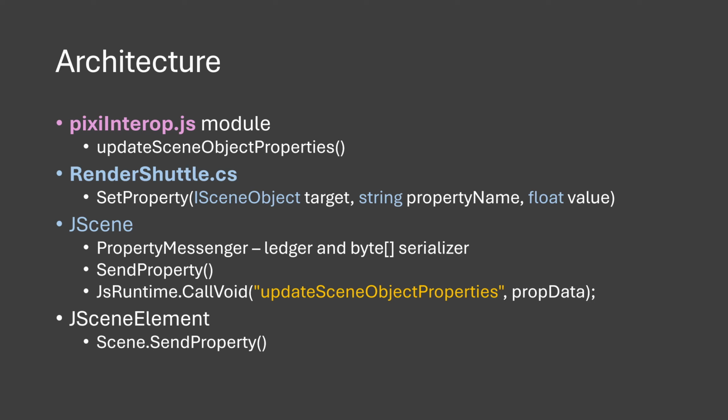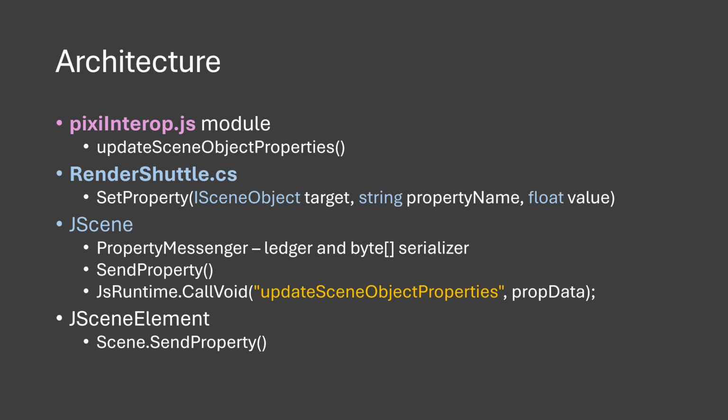On the JScene element, which is our base class for all of our objects like containers, sprites, grid sprites, and everything else above that, for every property that we want to set the value of on the JavaScript side, we have to call, at the point when the property is set, the scene, which is a reference to the JScene object.